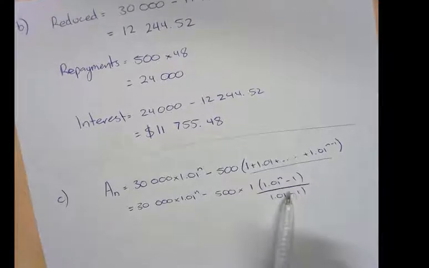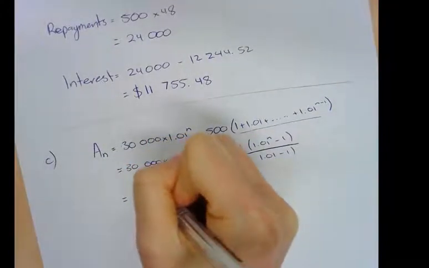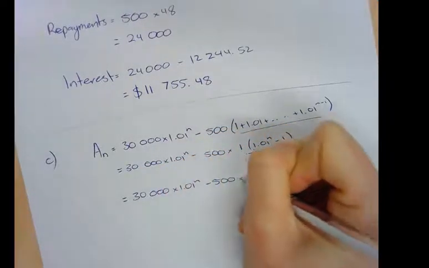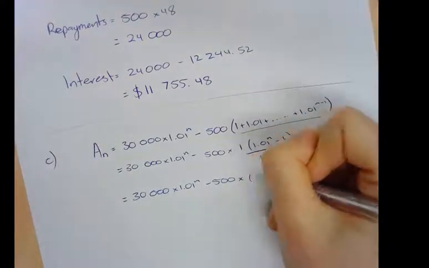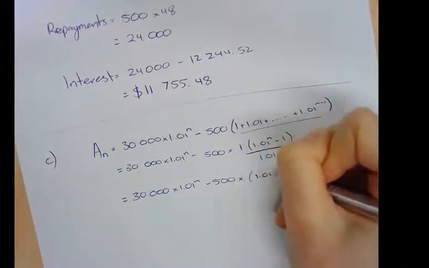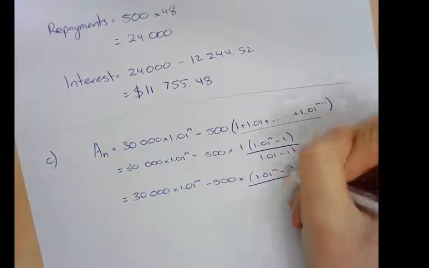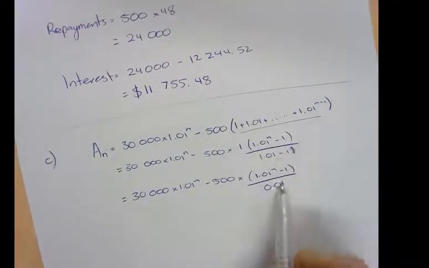Now we can simplify this even further. So we can have 30,000 times 1.01 to the n minus 500 times, now this 1 can just cancel out. We don't need it there. We just don't have to write it down. And the denominator there can simplify just to 0.01.